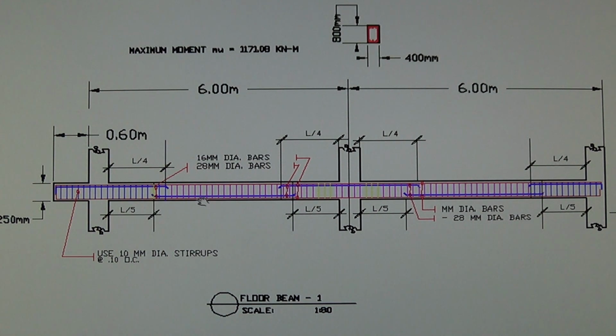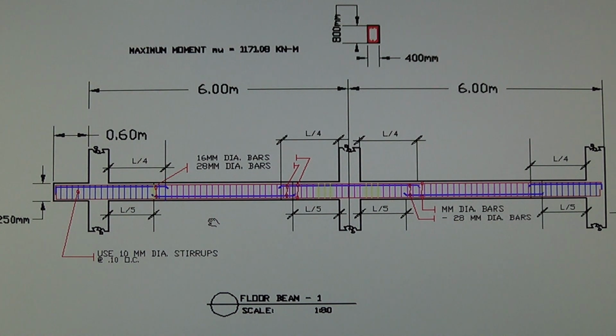In most cases, in my experience, at the intersection between the column and the beam right here, the moment is greater than the moment occurred at the midspan of the beam.